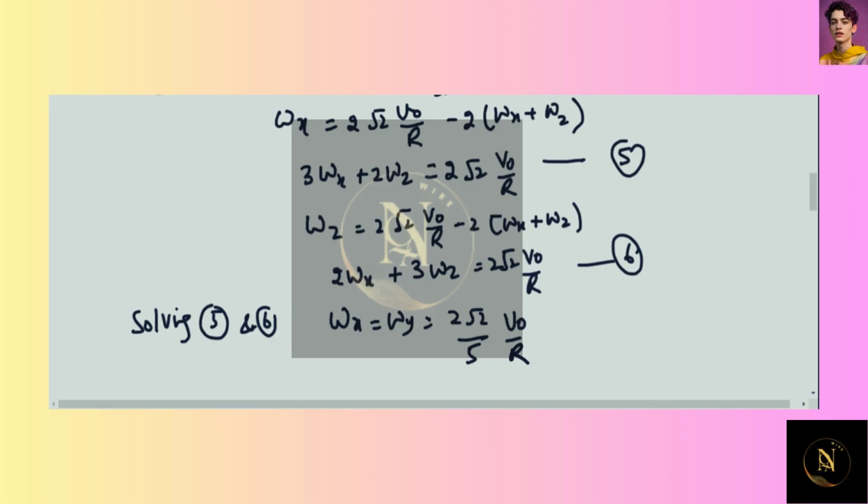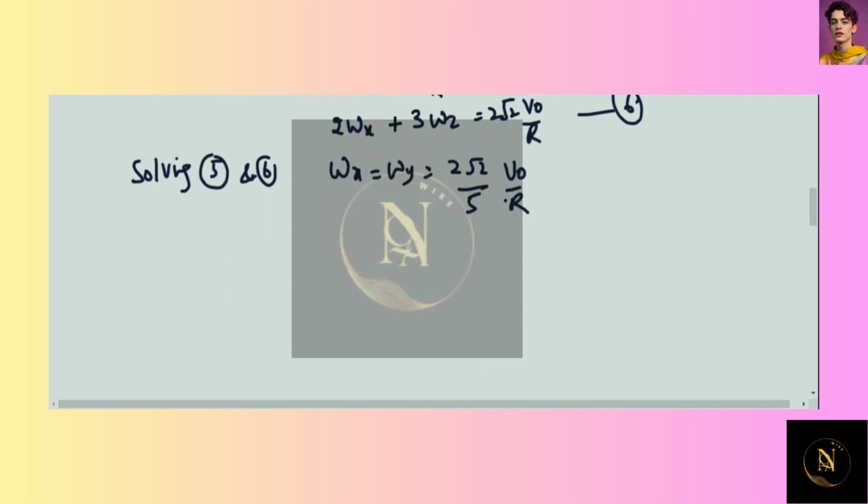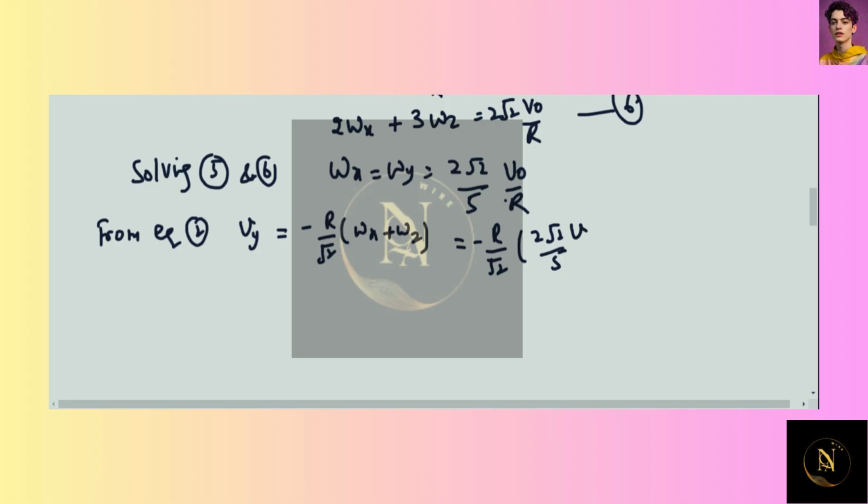So from equation 2 we can write vy to be minus r by root 2 omega x plus omega z, substituting the values of omega x and omega z, 2 root 2 by 5 v naught by r plus 2 root 2 v naught by 5r.